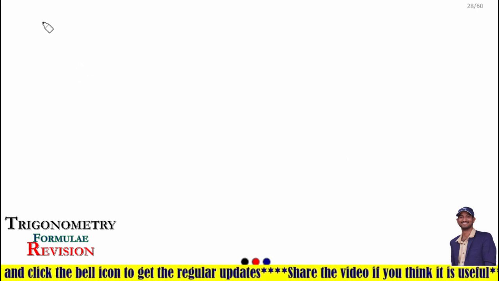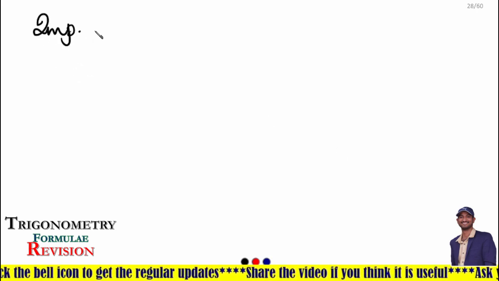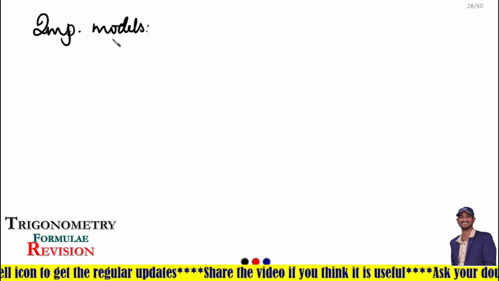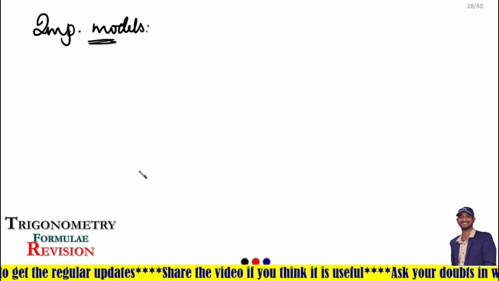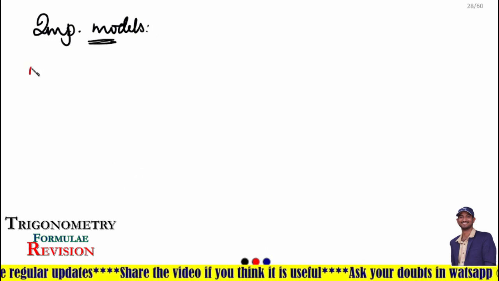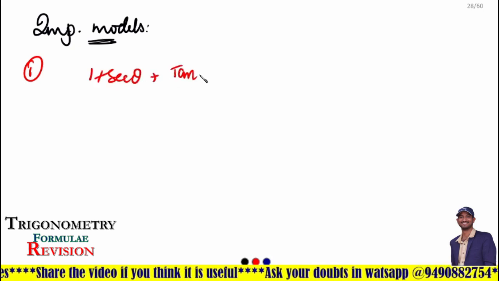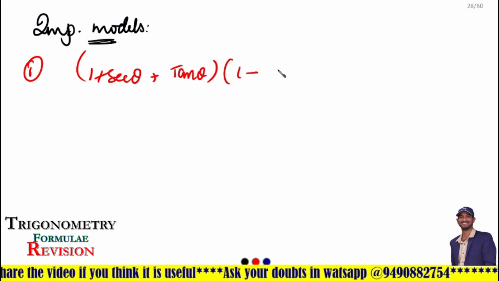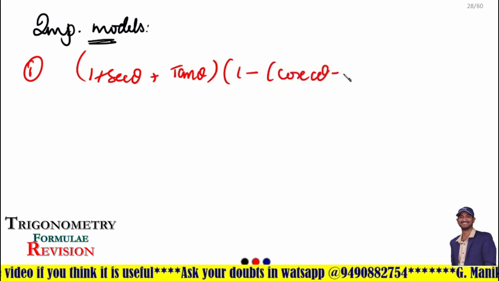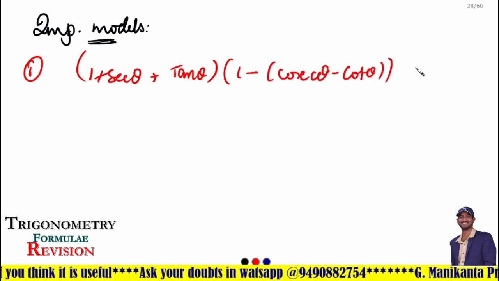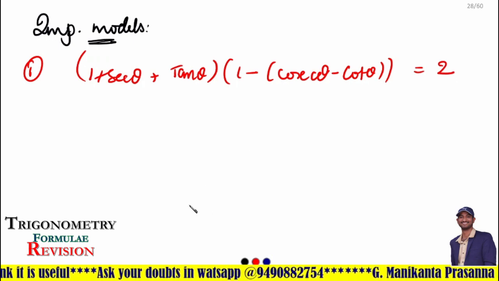Next, important models or important formulas in trigonometric ratios. I'll tell you one by one, just revise. The first one is whenever (1 plus secant theta plus tan theta) into (1 minus cosecant theta minus cot theta) is given, this value is always 2.